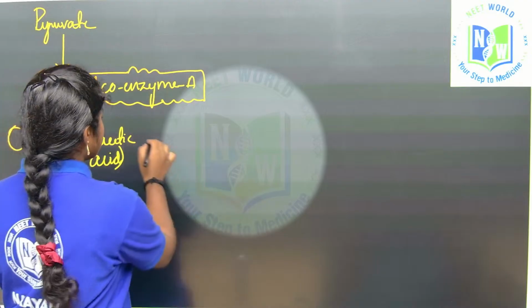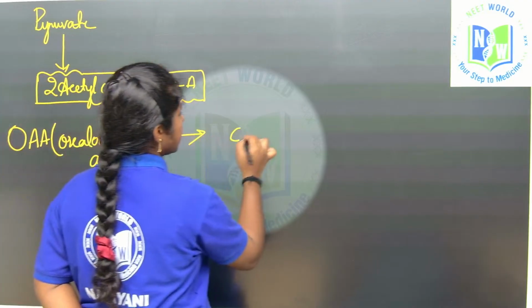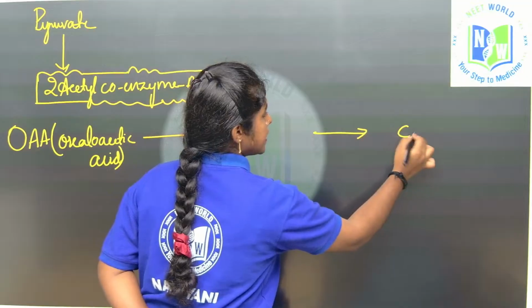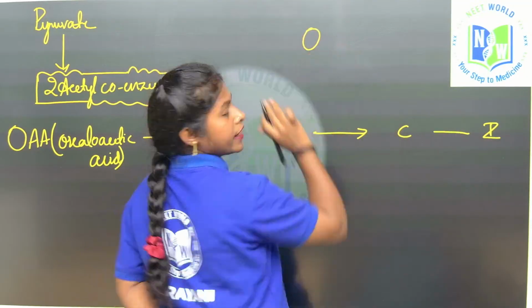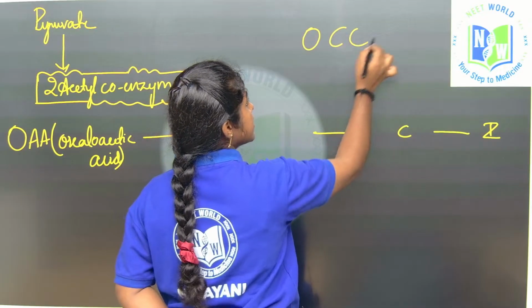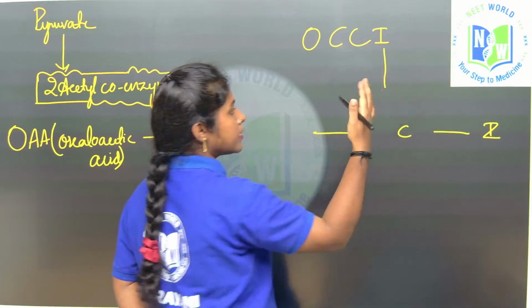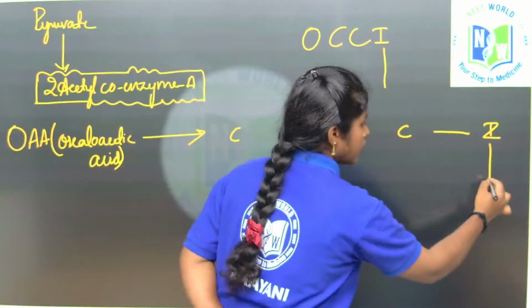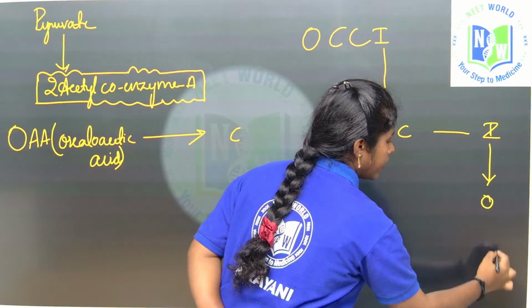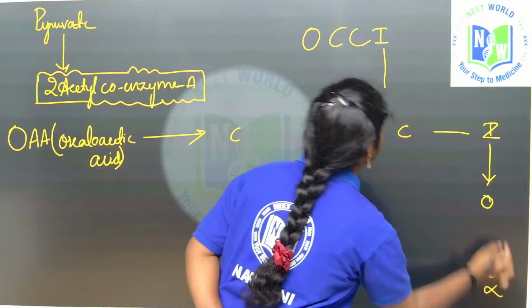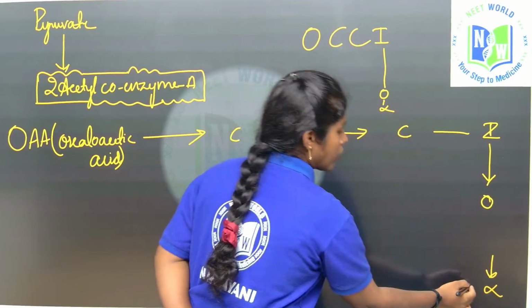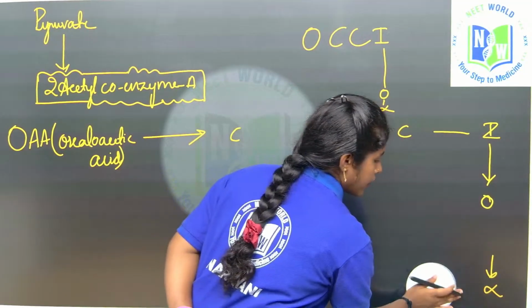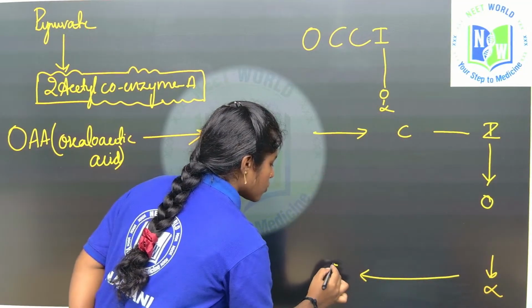First write O, then C, then again C, then I. Remember OCCI as the first line. Then you have to turn down. Here it is O and alpha. Then you have to write S square. Why am I saying this? I will tell you. So then S square.